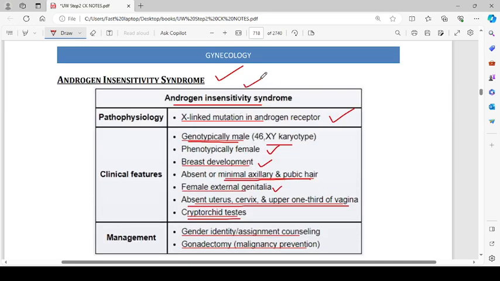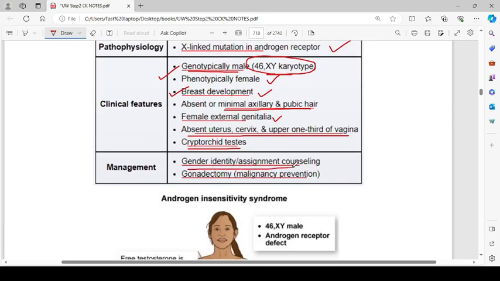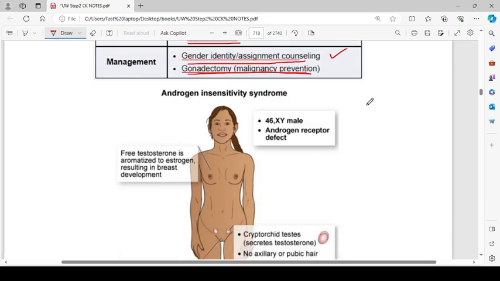It is androgen insensitivity syndrome. It is 46XY karyotype, but there is a phenotypic female with breast development and absent axillary or pubic hair, female external genitalia. Management is gender identity assignment, counseling, and gonadectomy for malignancy prevention.